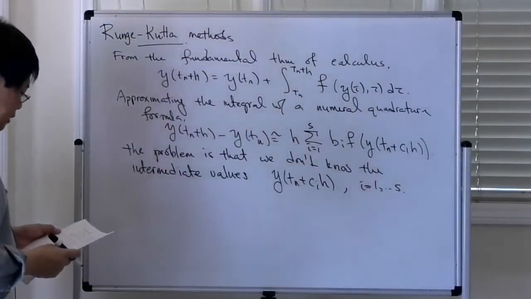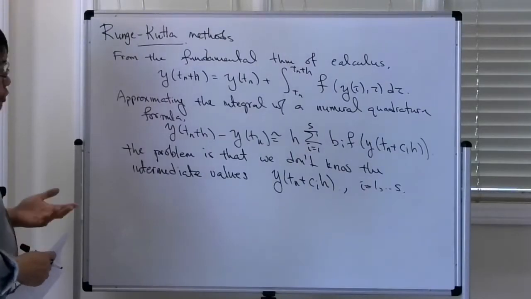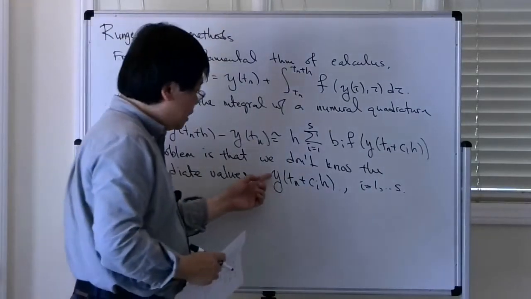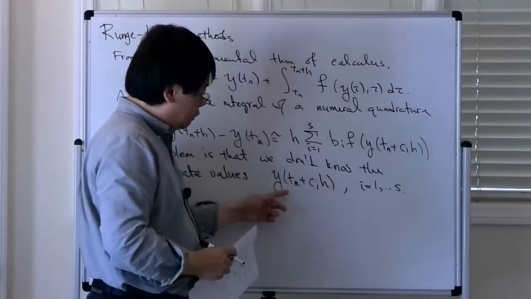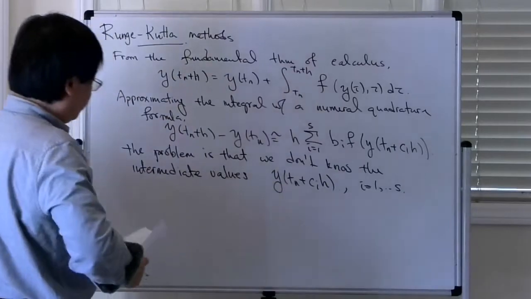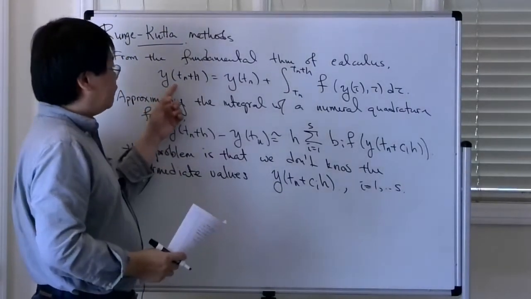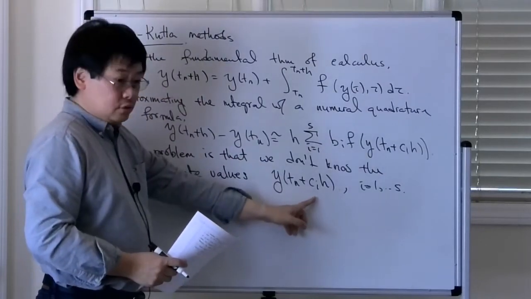So what essentially happens in a Runge-Kutta method is that you again write down an expression for y at Tn plus CIH in terms of a quadrature formula. In principle, nothing prevents you from applying the fundamental theorem of calculus to this quantity.